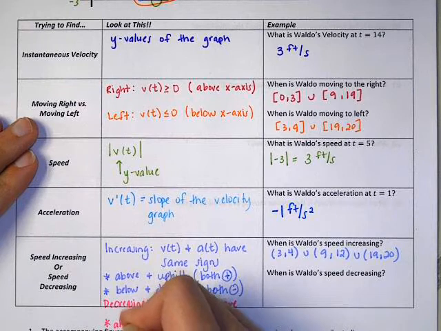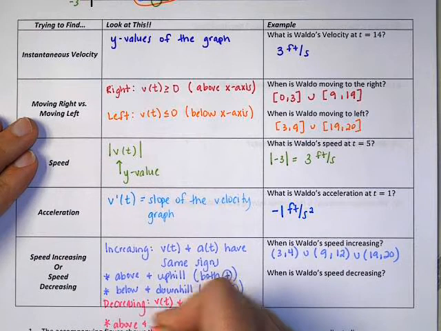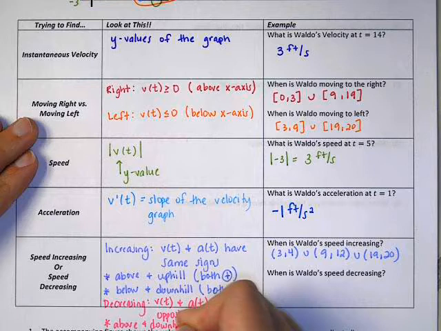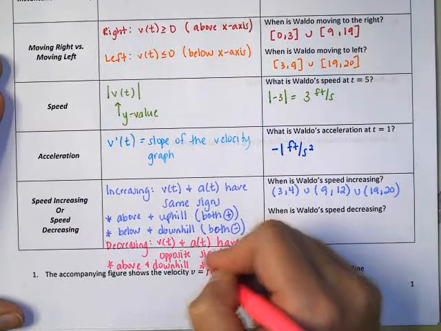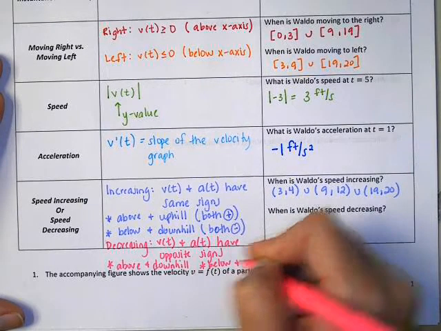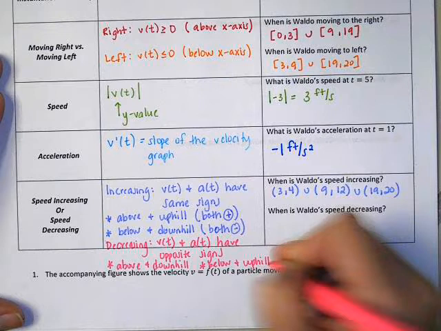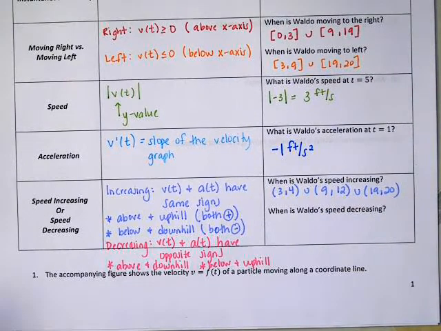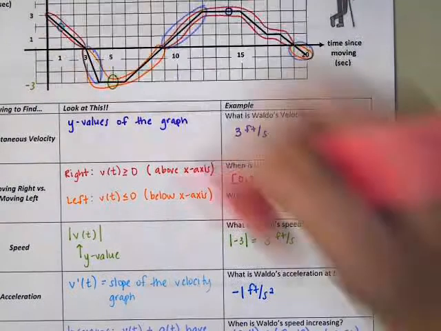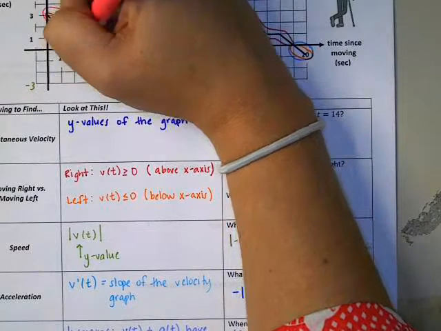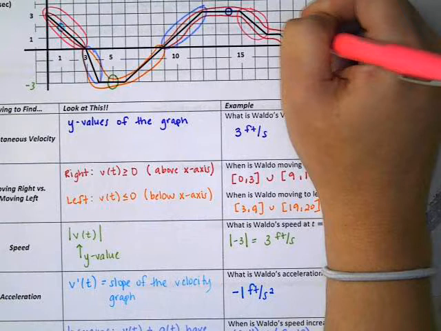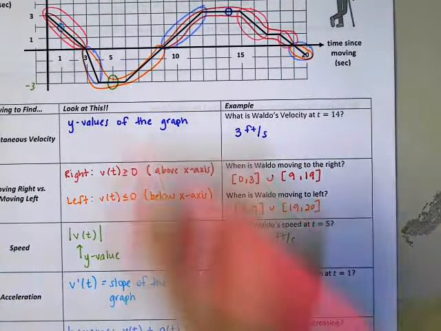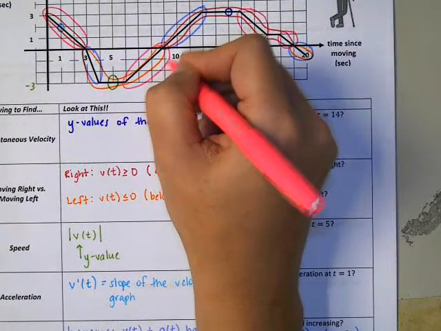We could be above but be going downhill, which means velocity is positive but acceleration is negative. Or we could be below and be going uphill, which means velocity is negative and acceleration is positive. On this graph, that would be above and downhill is right here, and right here. Below and uphill is right here.